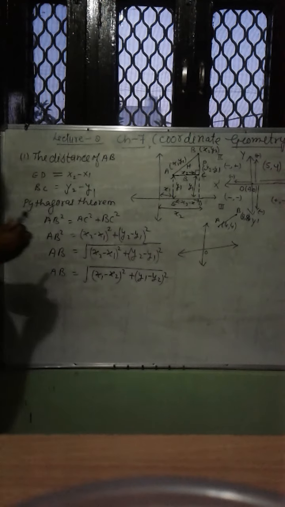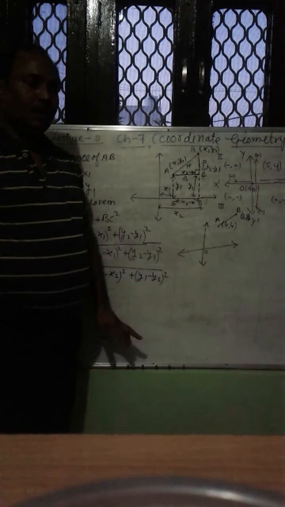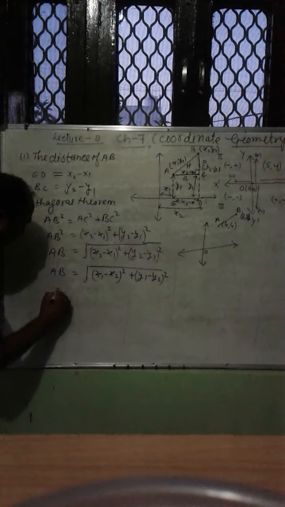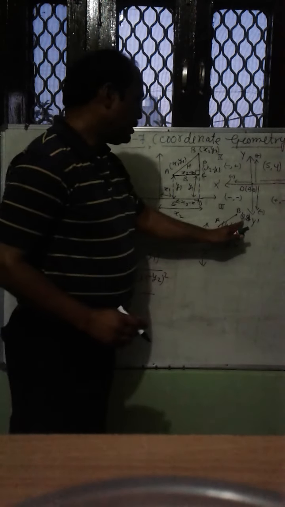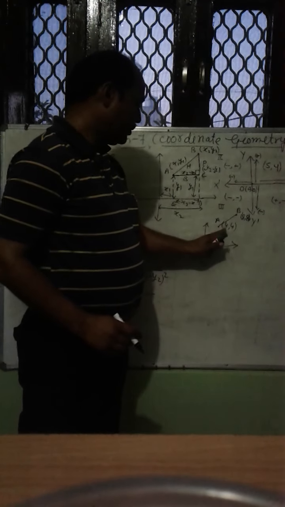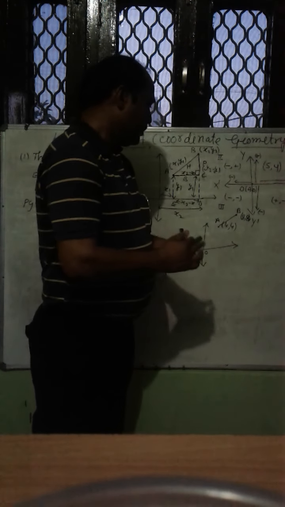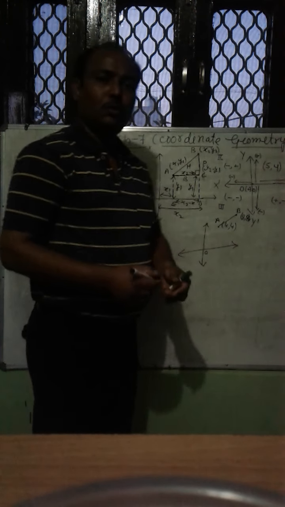Now we find AB, the distance of AB. Applying this formula, you can use either this as x1 or that as x1. It totally depends on you.